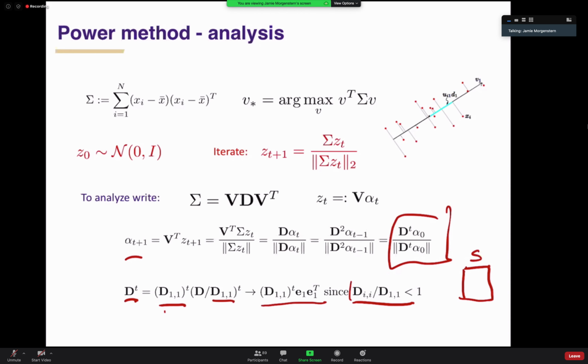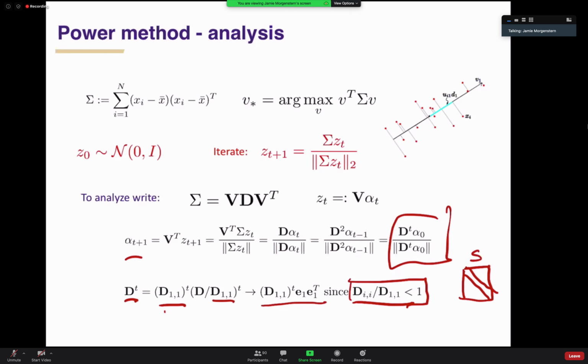I guess you could rewrite a lot of this regardless of the order, but let's assume that the eigenvalues are ordered greatest to least. If that's true, then d11 is going to be the largest value of any of the squared eigenvalues on this diagonal. So this is where dii divided by d11 being less than 1 comes from.